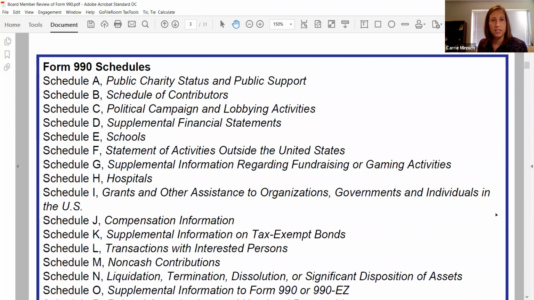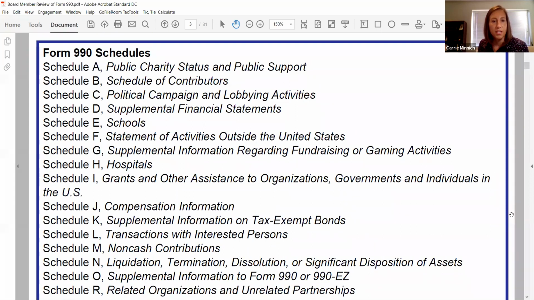And then we have, again, the 16 additional schedules based on what type of organization you are and what your organization does. Most organizations will have to file Schedule A, which is the public charity status and public support test, and we'll look into that a little bit. And then Schedule B, your schedule of contributors, so who's giving to your organization, is another schedule that most organizations will have to complete.